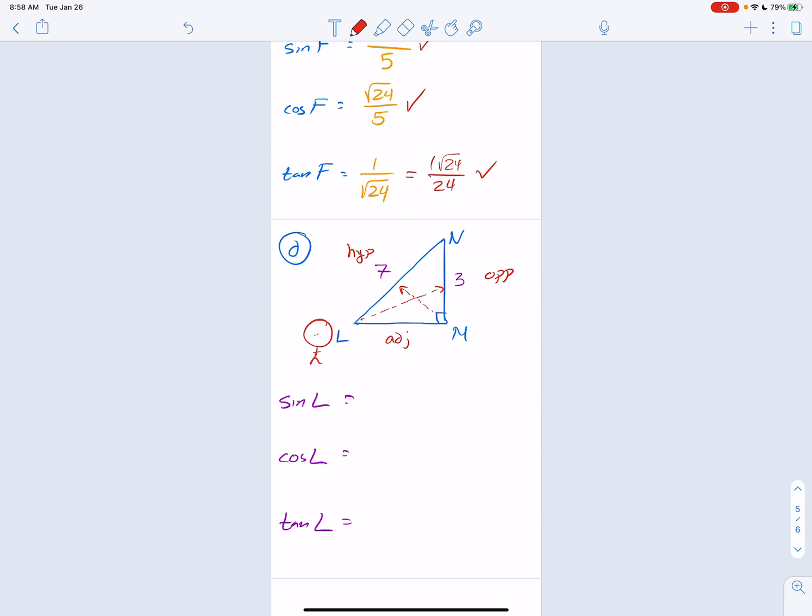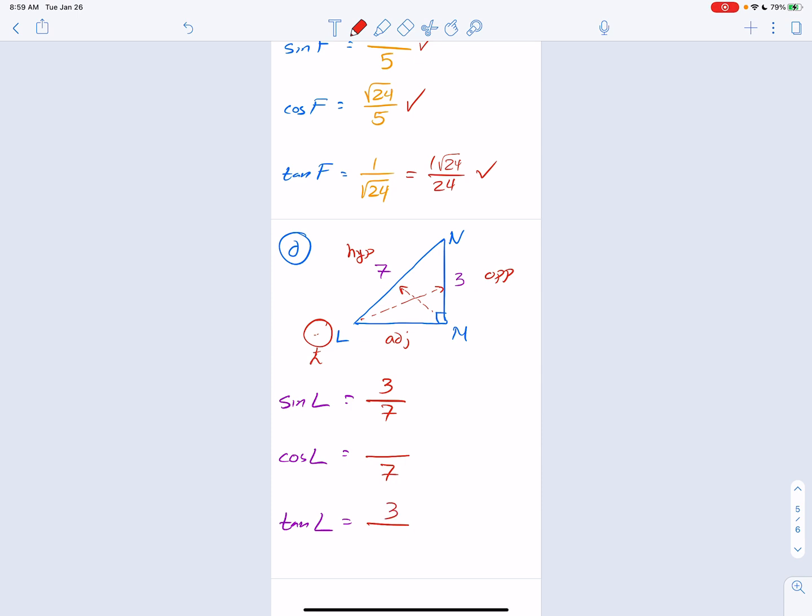So sine of L is opposite over hypotenuse, so that's 3 over 7. Cosine of L is adjacent over hypotenuse, so that's something over 7. We don't know what adjacent is. And tangent of L is TOA, opposite over adjacent, 3 over whatever the adjacent side is.